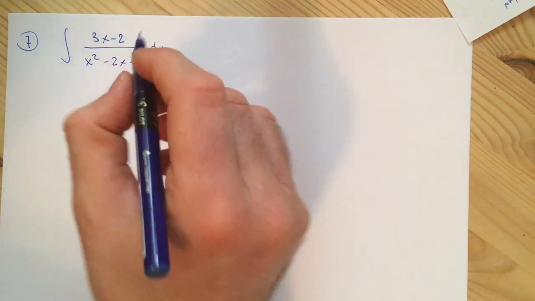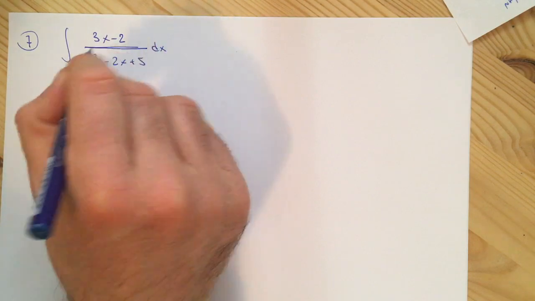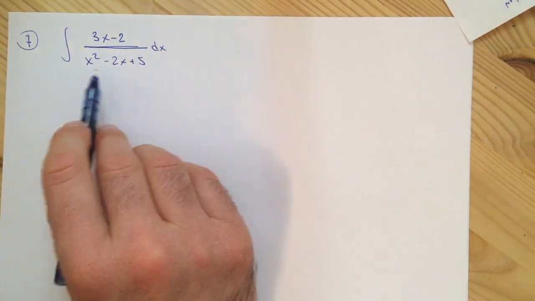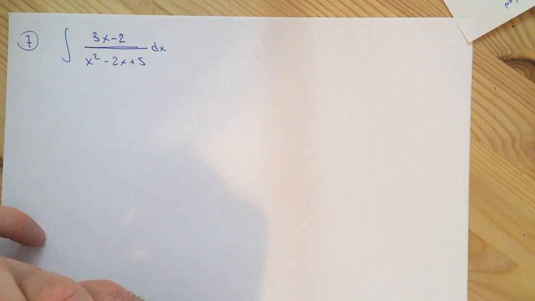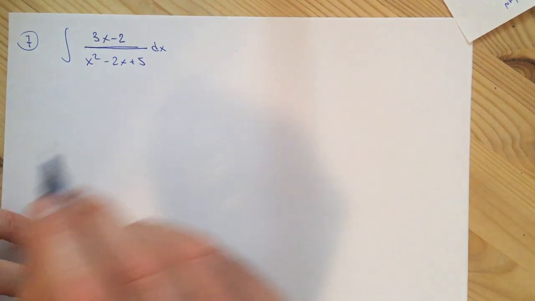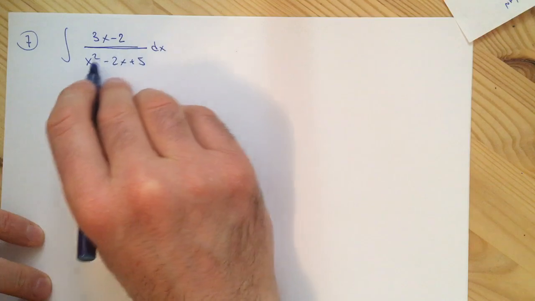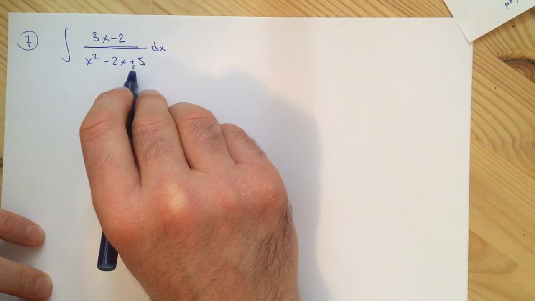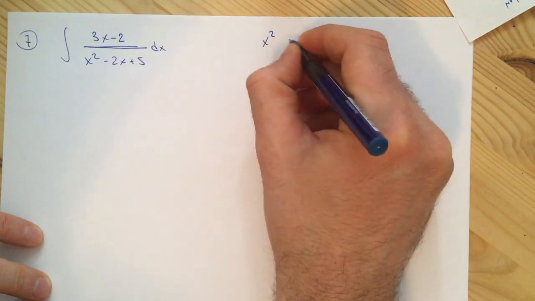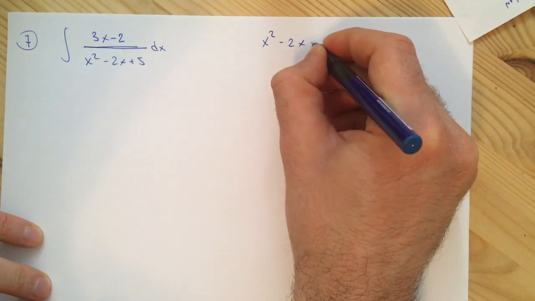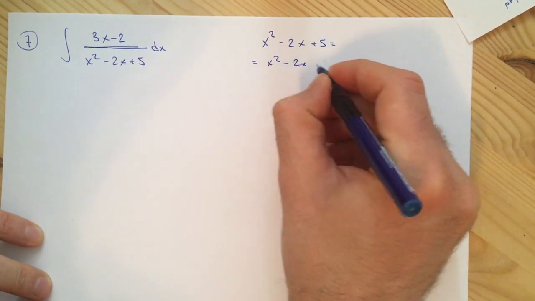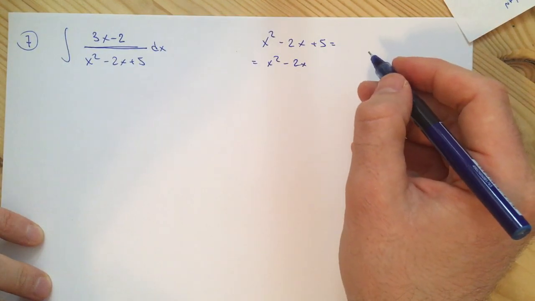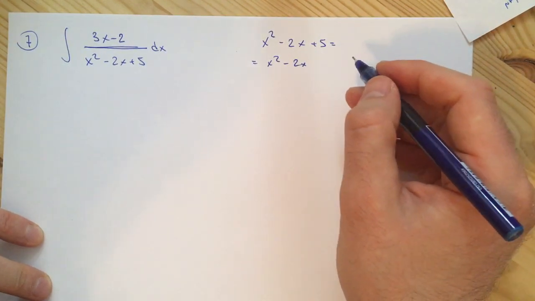The problem is that the denominator cannot be factored. You cannot find x for which the denominator is going to be 0. In this case, right away, what can we do? We should expect that sooner or later we'll have to complete the square. So let's complete the square here. X squared minus 2x plus 5 is equal to x squared minus 2x. Now you have to add and subtract a constant squared.